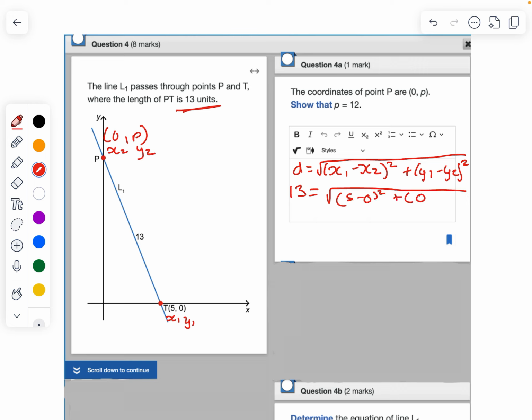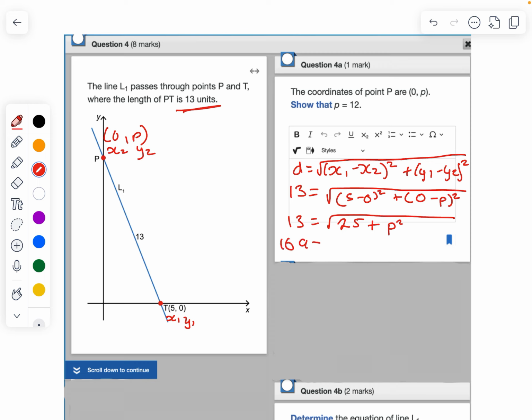We're going to have the square root of 5 minus 0 squared plus 0 minus p squared. Okay, that's going to equal 13. So if we simplify that inside, we're going to just have 5 squared, which is 25. And we're going to just have negative p squared, which is just going to give me p squared.